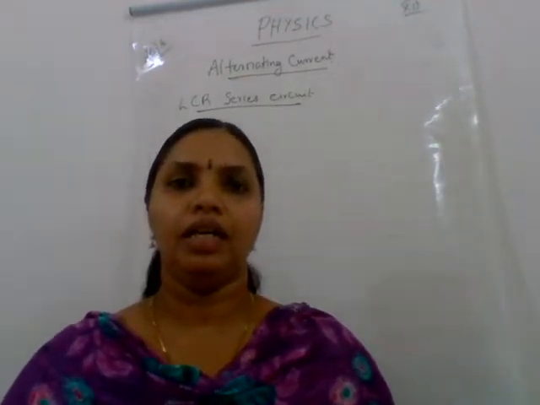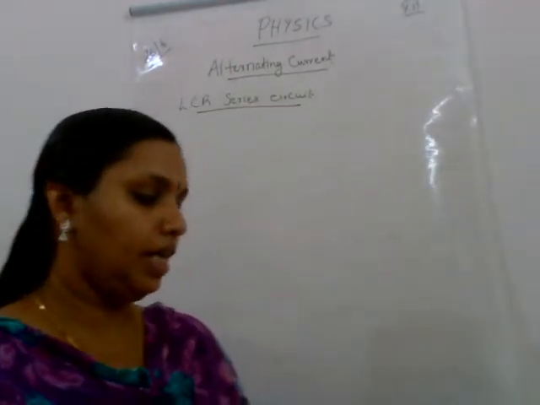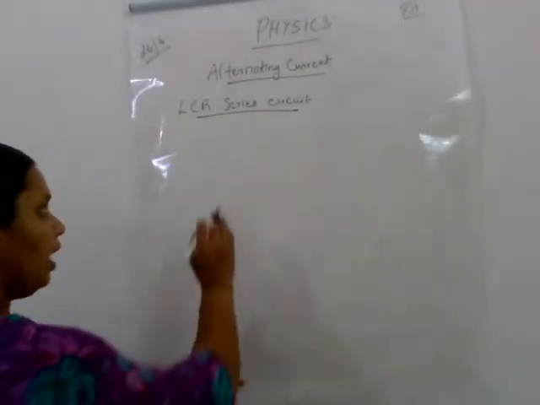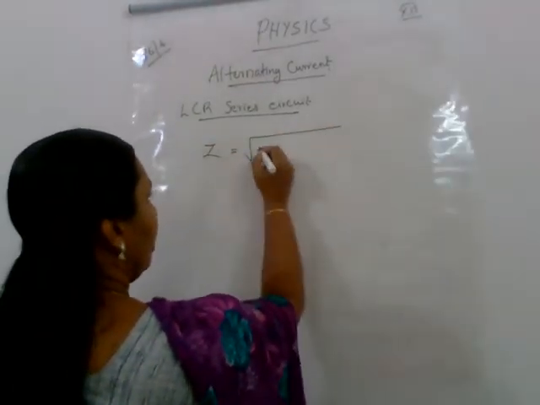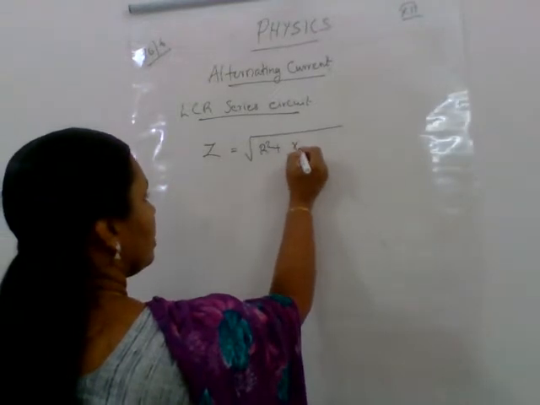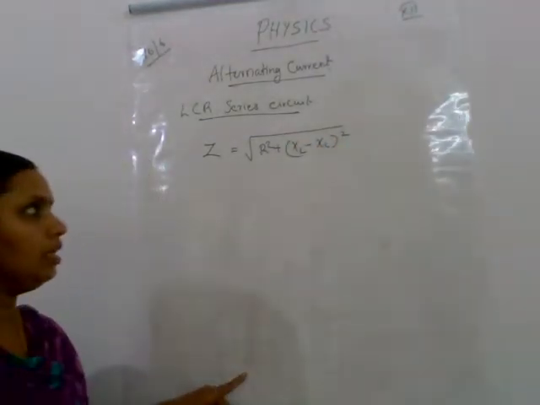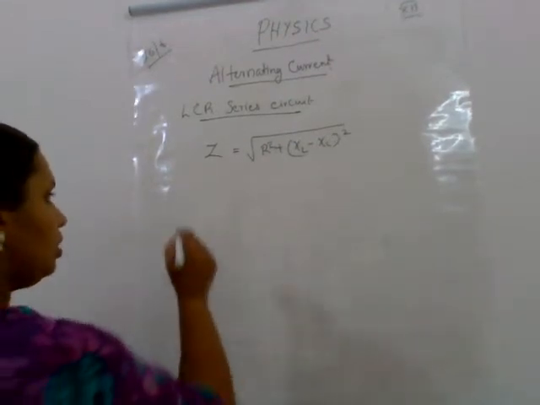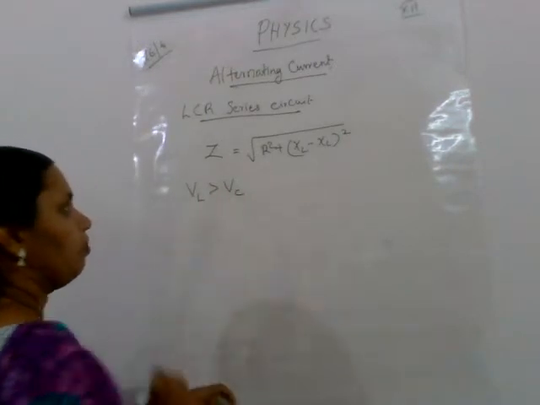Okay. Before going to the resonance, we have to discuss the special cases here. That is, here we have the impedance Z is equal to root of R square plus XL minus XC the whole square. And here we got the relation by considering VL is greater than VC.